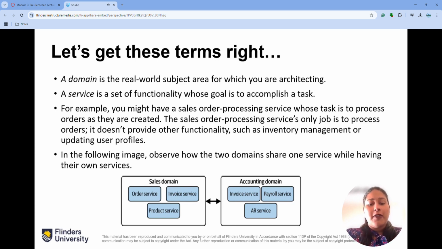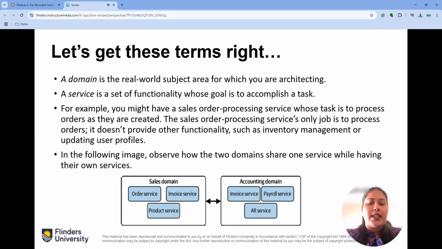So in the following image, you'll notice how two domains share a service while each also has its own set of services. The sales domain includes services like order processing, invoice management, and product management. And then the accounting domain also includes services like payroll management, AR management, and invoice management.